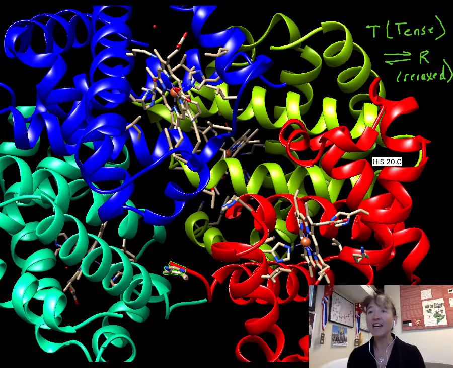Or instead, does first one subunit move to the relaxed, and then another oxygen binds, and then another subunit moves to the relaxed, and then another oxygen binds? So the question is, is this a concerted model, meaning that all of them change at once? Once one oxygen binds, boom, it's like dominoes, all three of these change to the relaxed form, more likely to bind oxygen? Or is it sequential, like one, then the other, then the other?